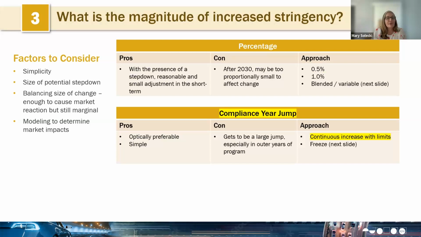So then moving into the 3rd design question, which is what I think is the most important consideration: what's the magnitude of increased stringency? And our thinking on this has evolved a lot over time. In the early stages of this project, AJW was inclined towards a percentage basis because we wanted to keep this acceleration mechanism as something that was relatively small and incremental, considering that it'll be an automated adjustment.